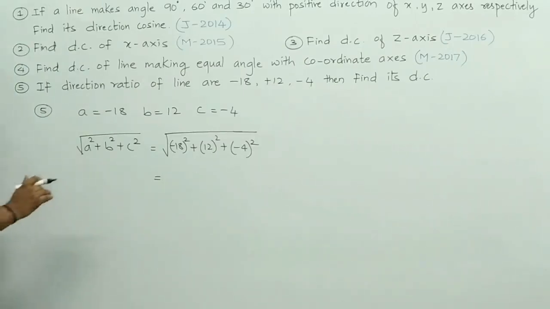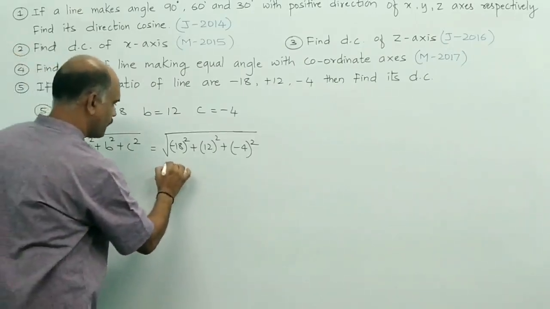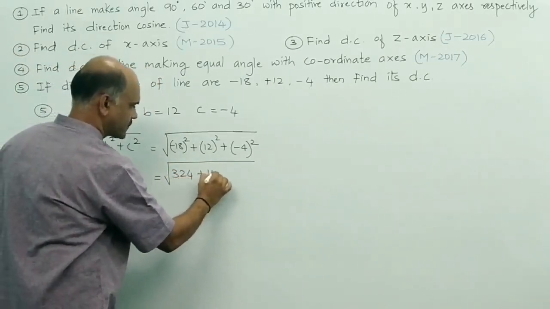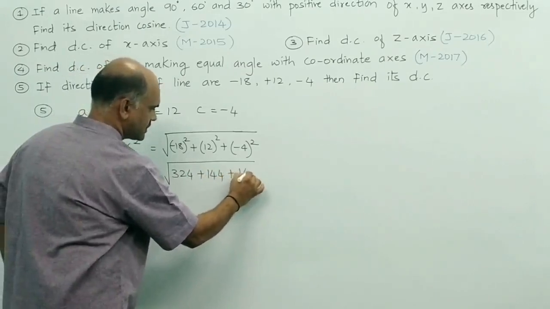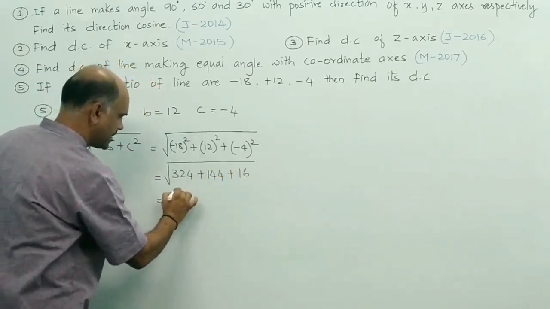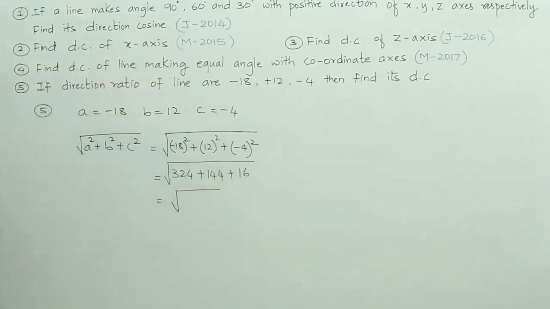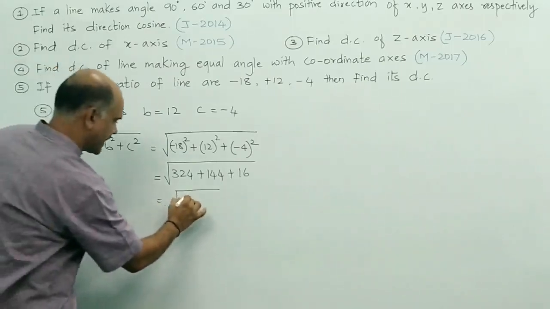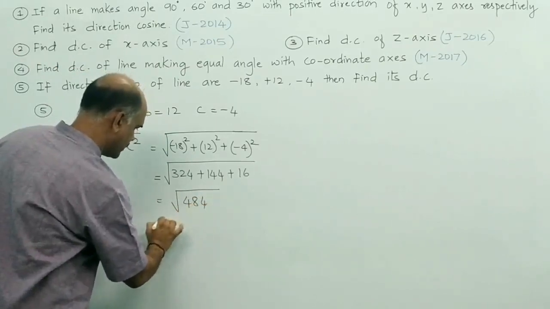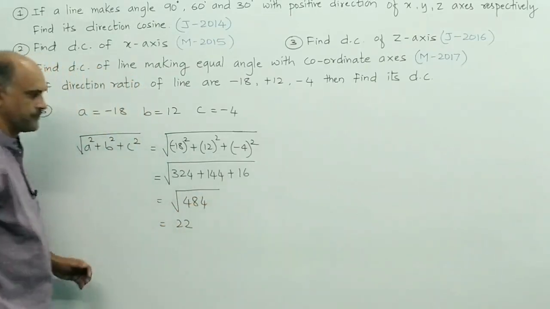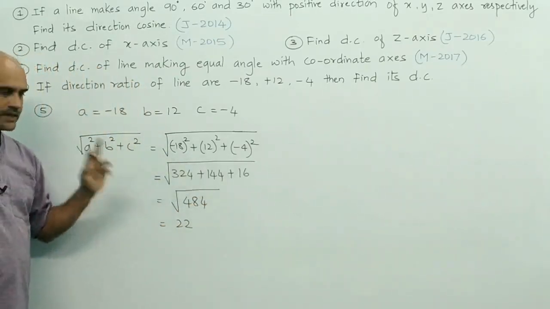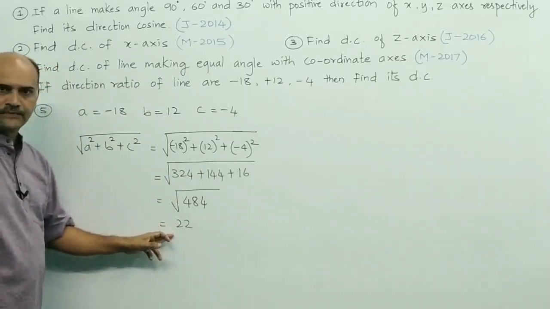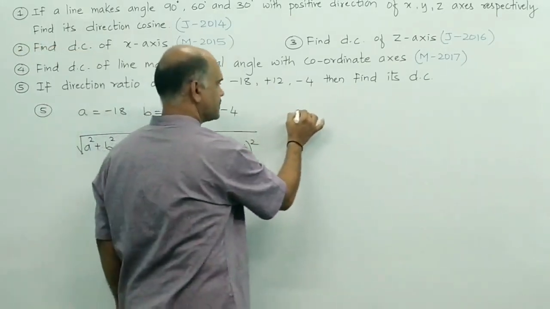So if you take the squares, you will have root of 324 plus 12 square 144, plus 16. Now add these using a calculator. If you add, you will get 484, and taking the square root, you will get 22. Now we will find the direction cosines.